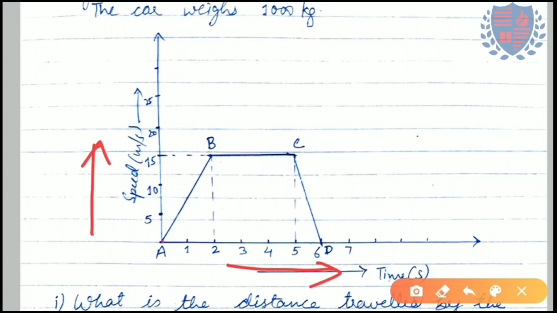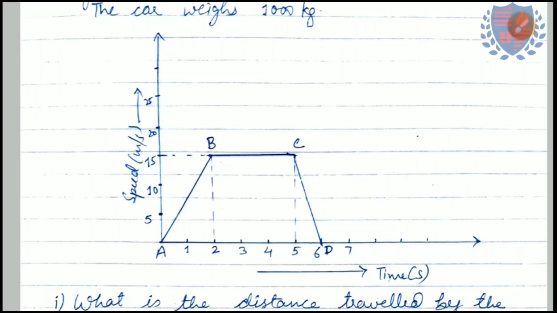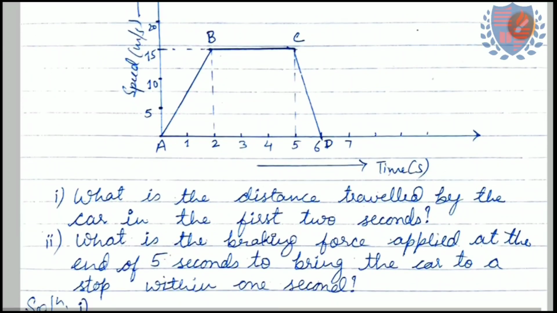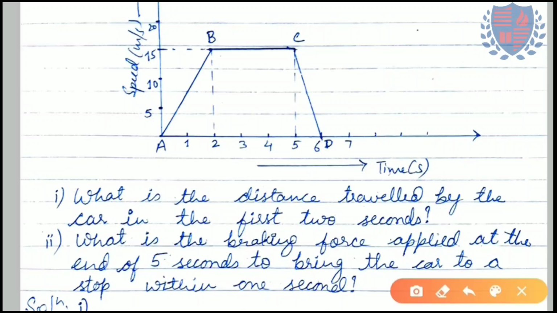What we have to find is the distance travelled by the car in the first 2 seconds, and the braking force applied at the end of 5 seconds to bring the car to a stop within 1 second. To solve such questions, you have to keep a few things in mind.